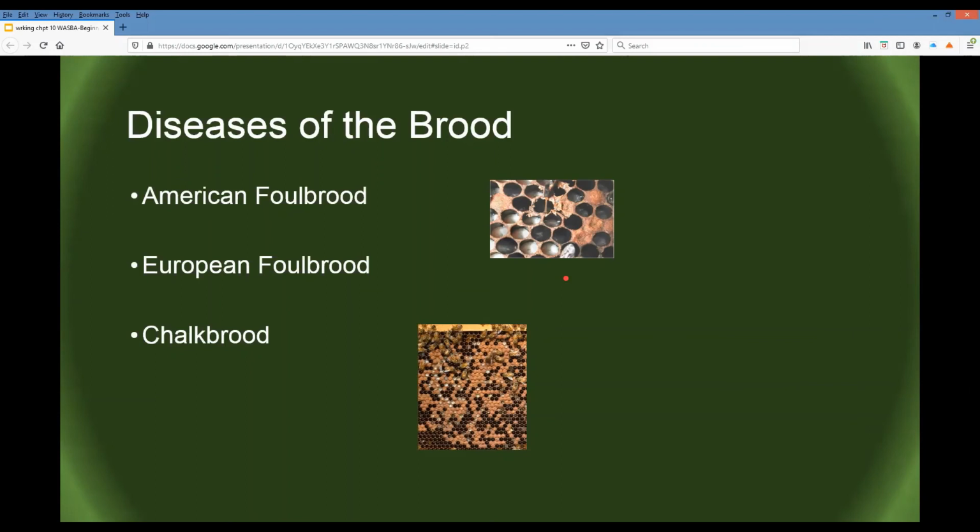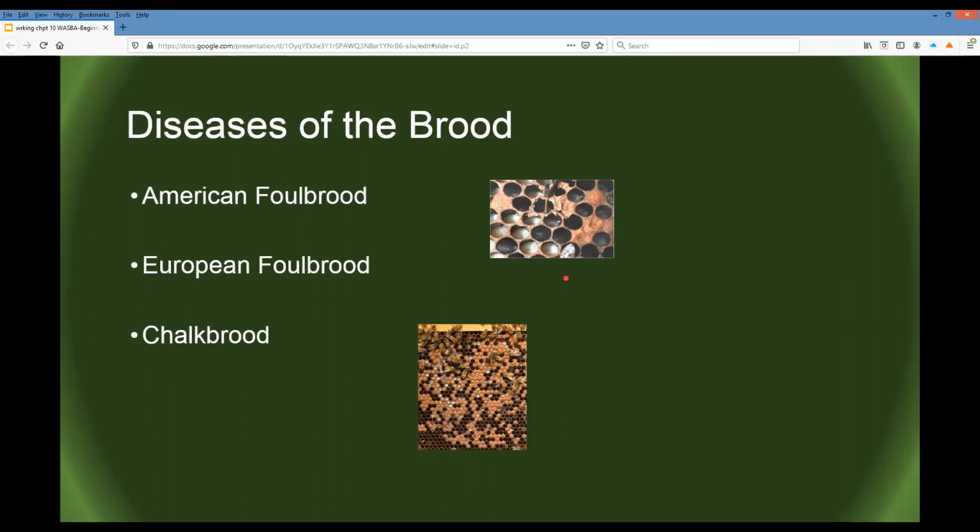You can do a spring treatment of terramycin as a preventative, but we really discourage that because that promotes resistance. So it's not recommended, and I don't think it comes up that often in this area. Best prevention is maintaining a strong, healthy hive in a sunny, dry location, with good airflow. Italian bees seem more resistant to European foul brood.